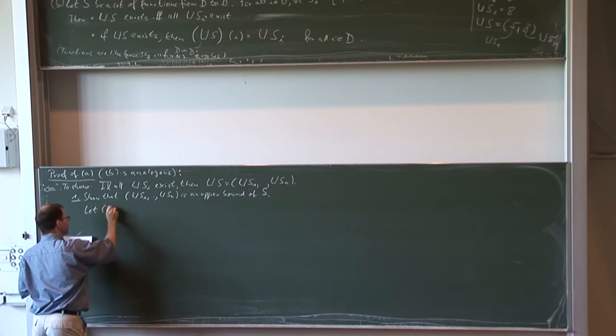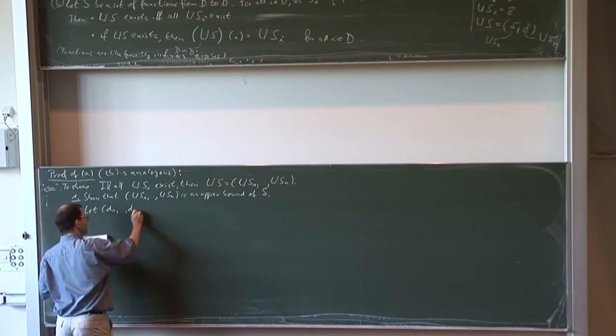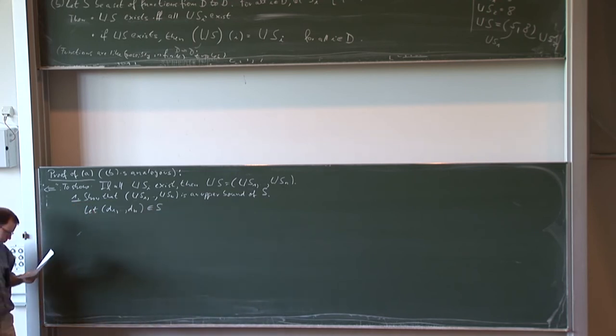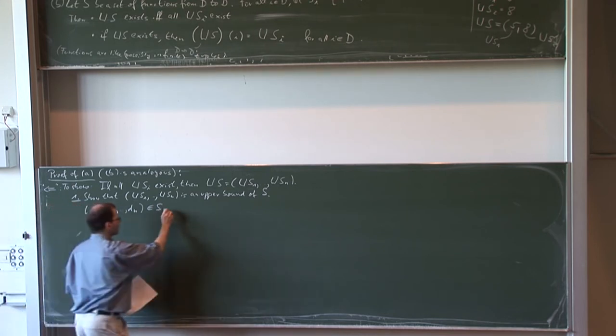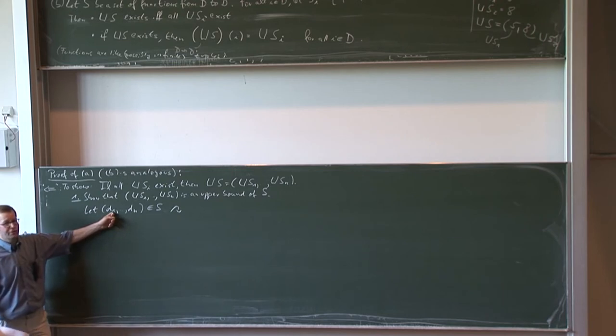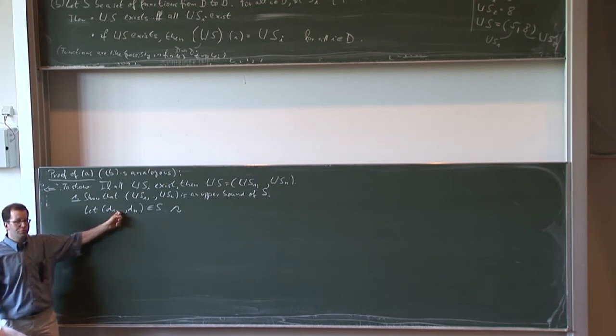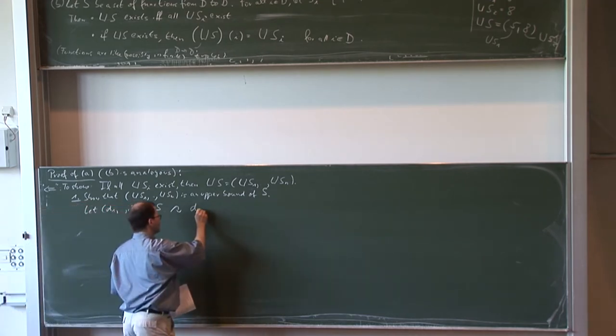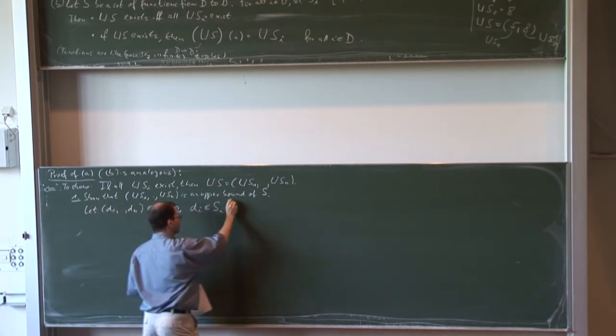Okay, so let d1 to dn be an element of S. Then we know that d1 is from S1, d2 is from S2, and dn is from Sn, because these are just the projections. So di is in Si for all i.